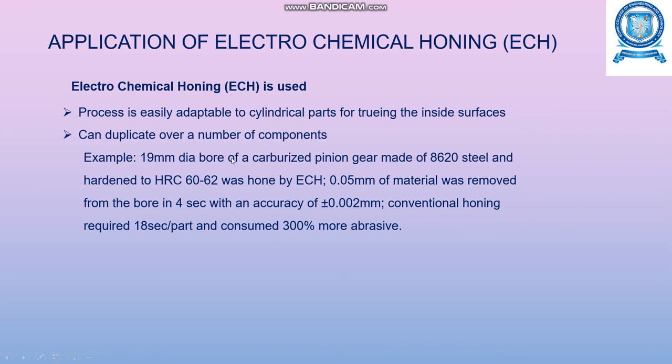A 19 mm diameter bore of a carburized pinion gear, made of 8620 steel and hardened to HRC 60 to 62, was honed by ECH, that is electrochemical honing. 0.05 mm of material was removed from the bore in 4 seconds, and the accuracy was plus or minus 0.002 mm. Conventional honing required 18 seconds per part and consumed 300% more abrasive.